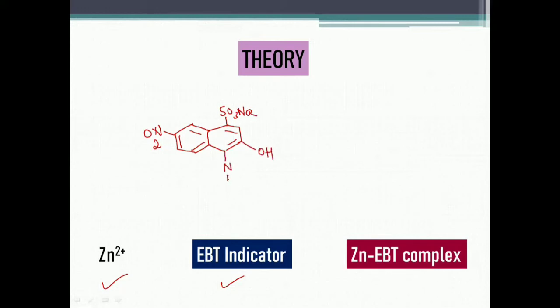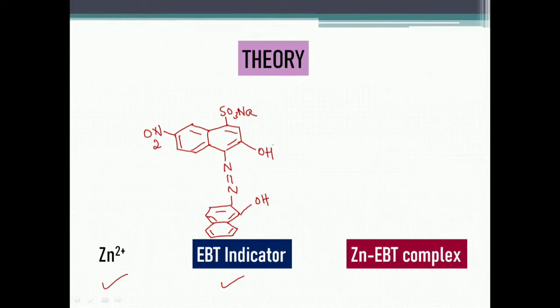And here we have the azo group. And again, the fused ring. So this is the structure of EBT, that is nothing but Eriochrome Black T indicator, which is blue in color.